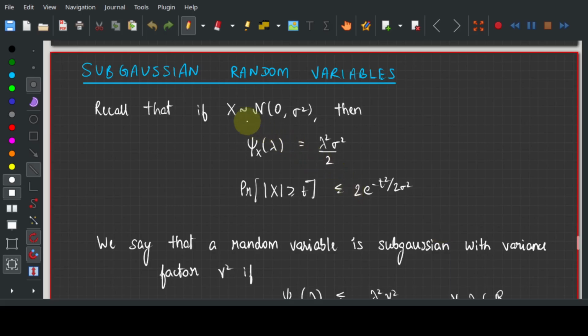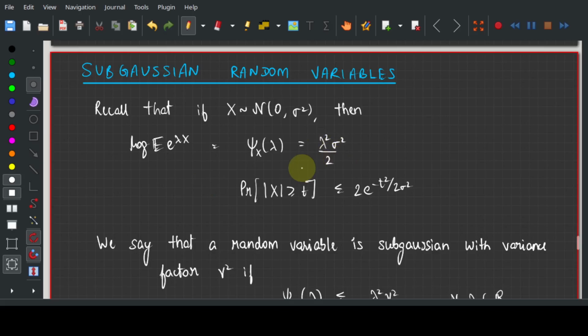So remember that if x is Gaussian, then we derived the log moment generating function, the log of expectation of e to the lambda x, which we call psi x of lambda. This was equal to lambda square sigma square divided by 2, right?